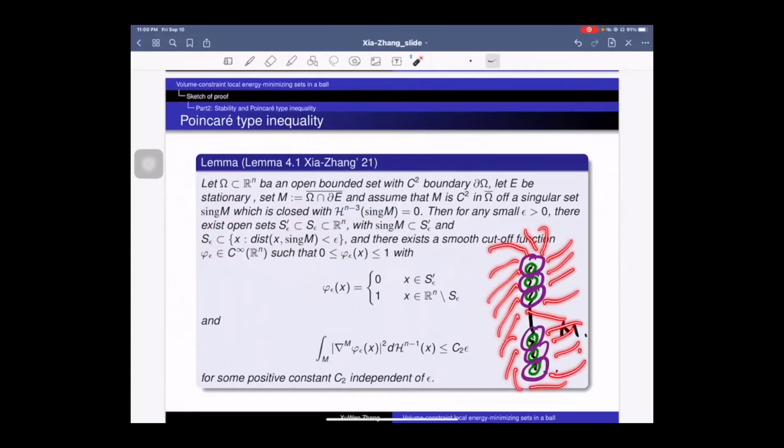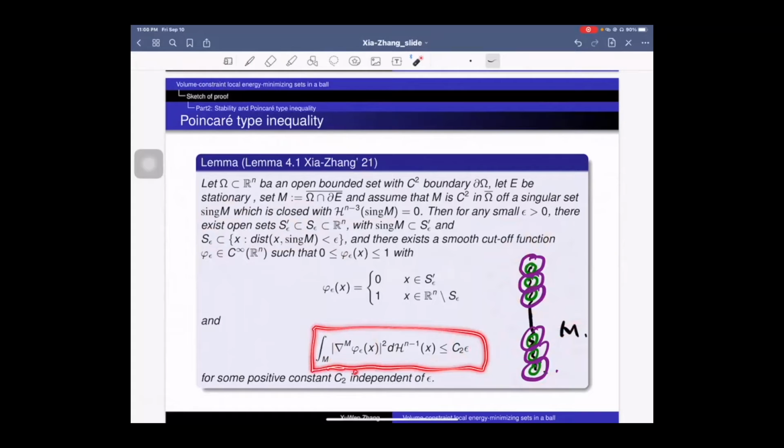And the most important thing is that the L2 norm of the tangential gradient of phi epsilon with respect to M is very small, and it is controlled by epsilon times a constant C2. And if epsilon goes to 0, then this integral will converge to 0. So it will have a very small contribution to our Poincare type inequality, which converges to 0.